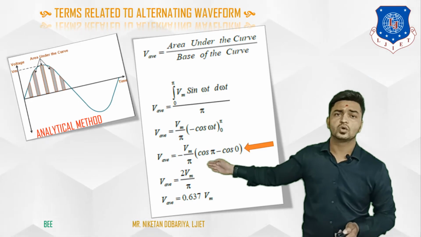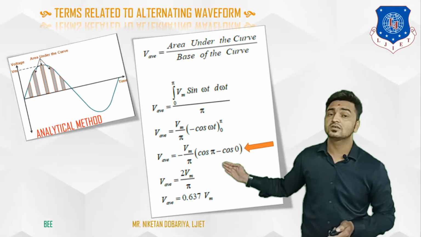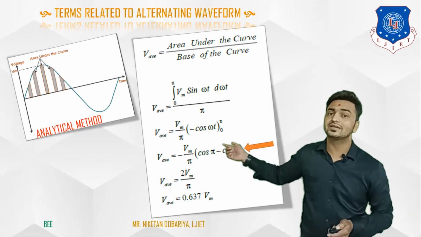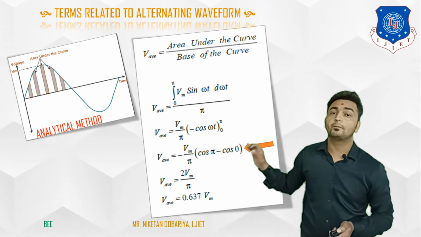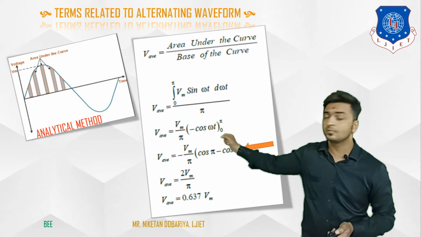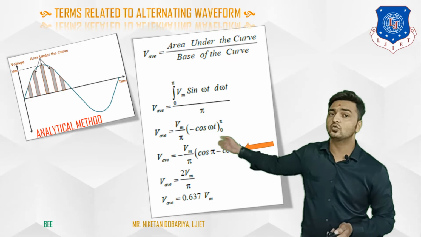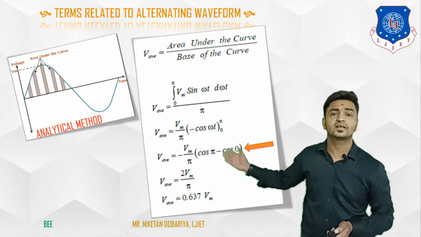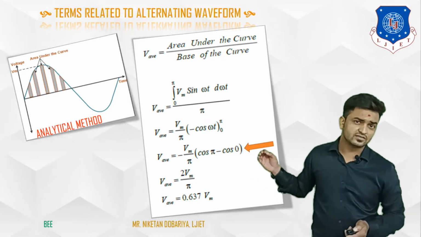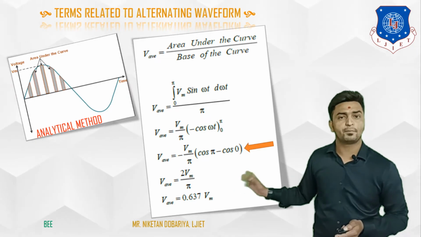So the first term will be minus 1, and the second, minus into plus 1, is again minus 1. So minus 1 and minus 1 will provide minus 2. But at the starting of this equation we had a minus sign. So the minus over here and the minus in this bracket will cancel each other, and that's why we will have a final term of 2 into Vm divided by pi.